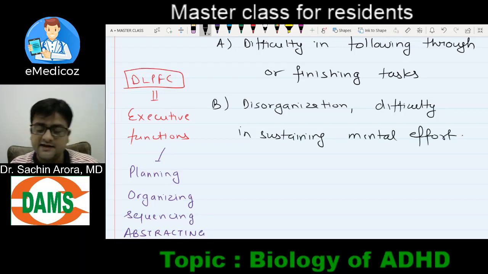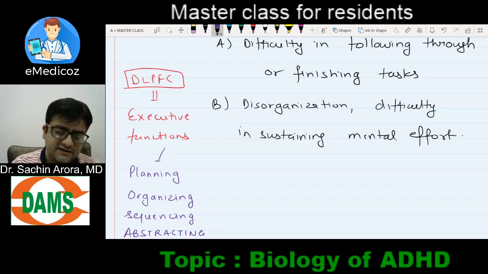So we are linking symptoms with the part and the area involved in the brain. This is how you are supposed to write and present and understand an answer related to neurobiology. We know that an ADHD child is hyperactive, but what is the cause of that hyperactivity? What is the cause of that inattention? That is what is included under biology.